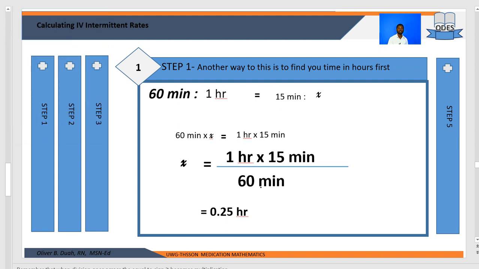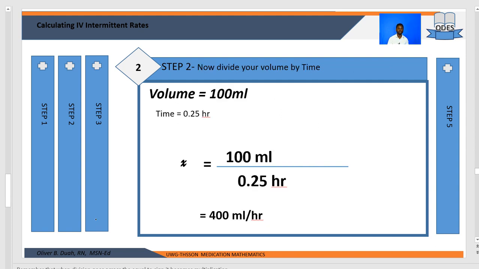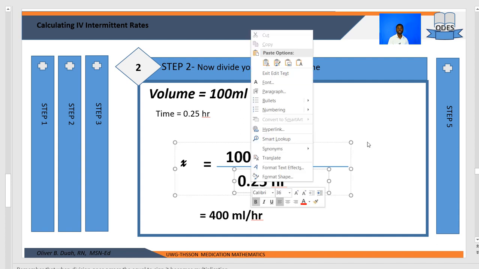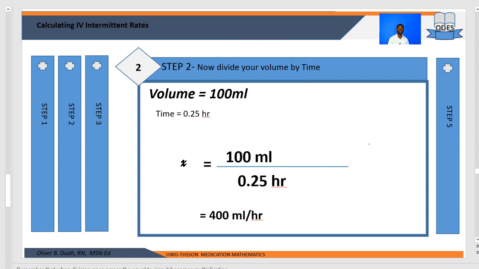And so minute will cancel minute. And what we have is 15 divided by 60. And our resulting answer will be hours. So we will have 0.25 hours. Then once we have our time in hours, we simply divide the volume over time to get our rate of ml per hour.